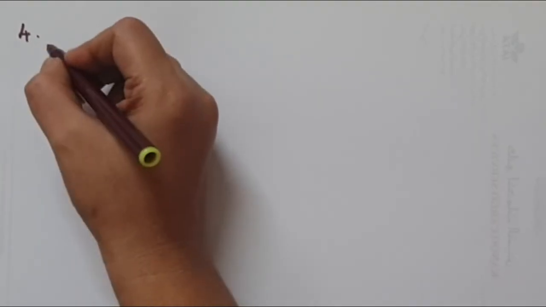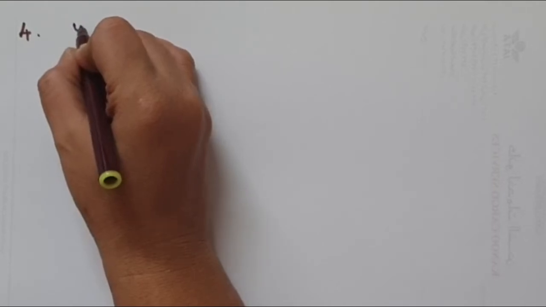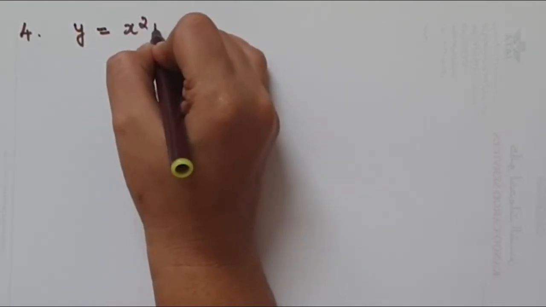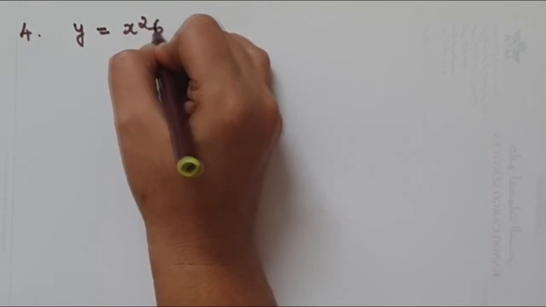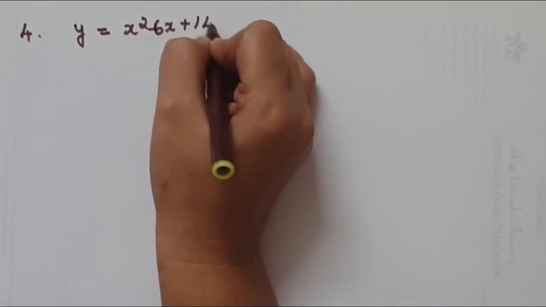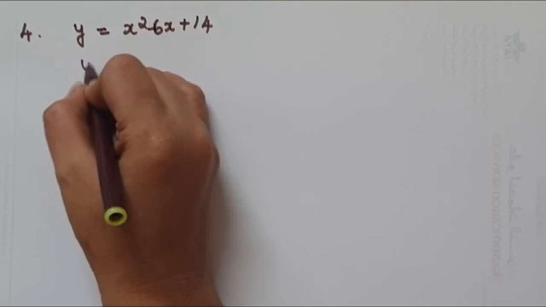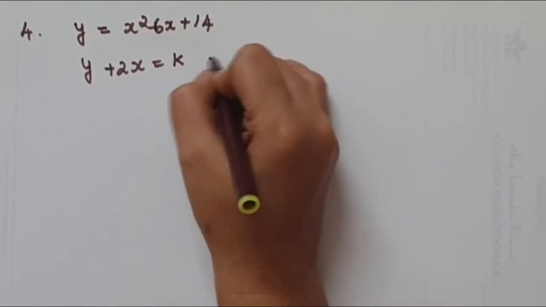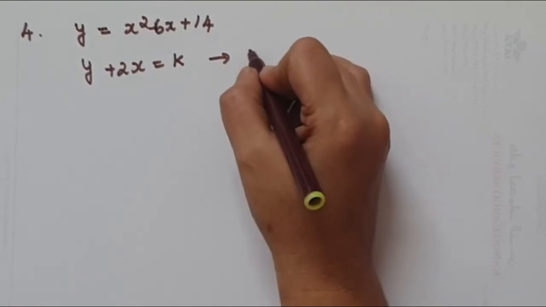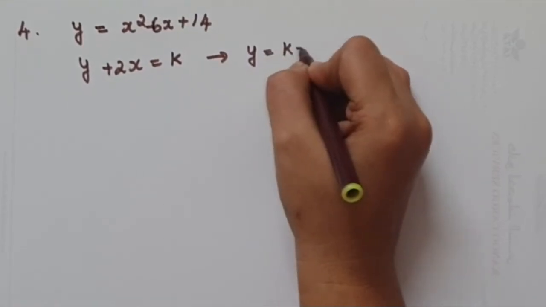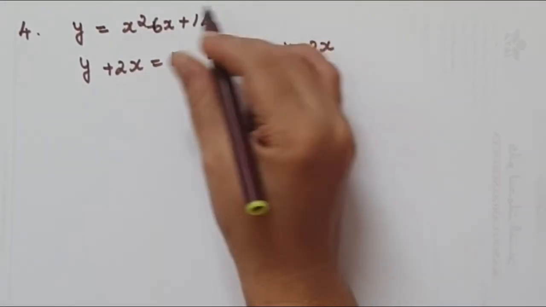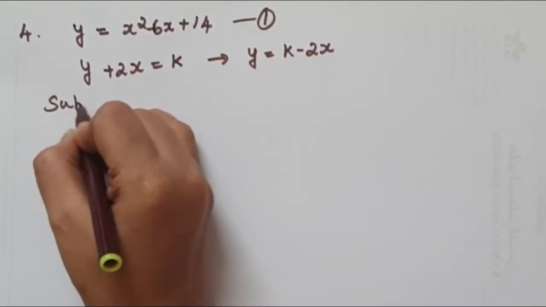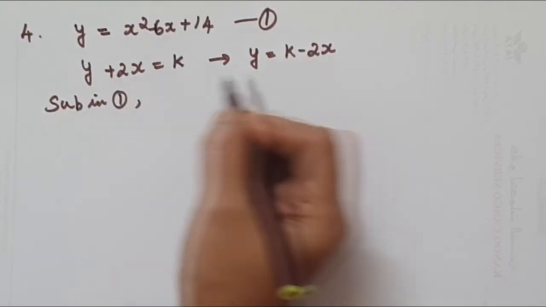Fourth question, we are given y equal to x square minus 6x plus 14 and the line y plus 2x equal to k. Now from this we can find out the value for y. Y will be equal to k minus 2x. Now we substitute in our equation 1.